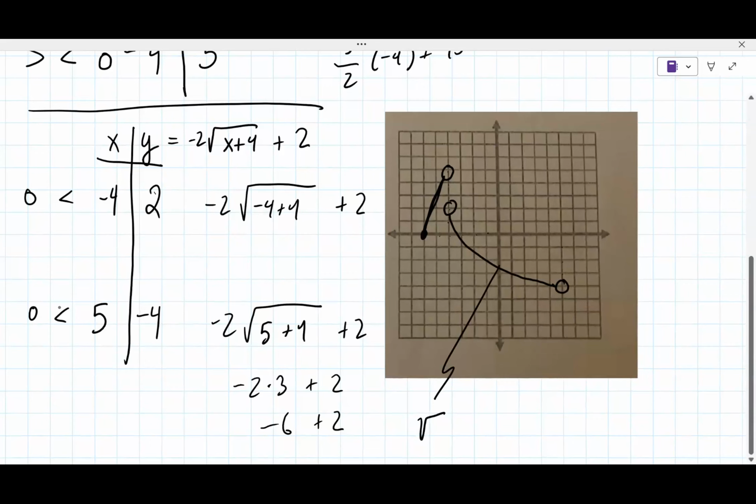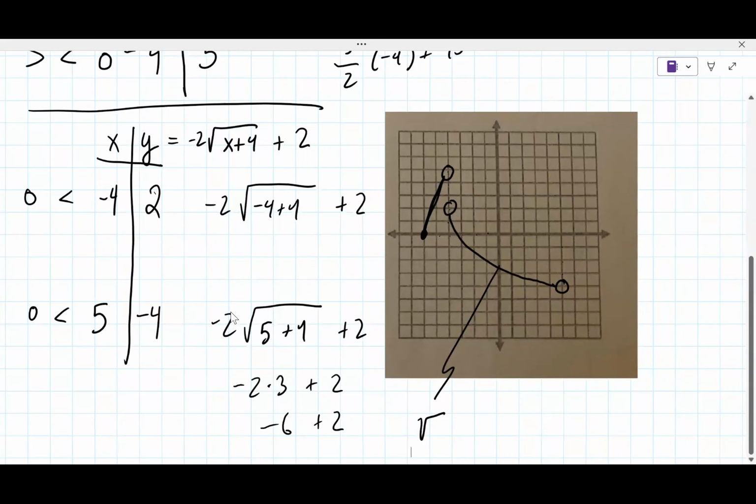Got it? I'm getting it down. Okay, got it down.